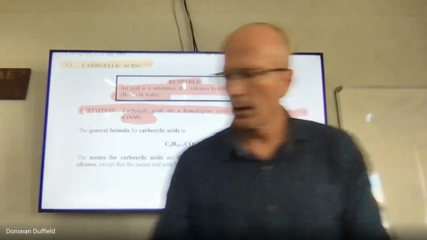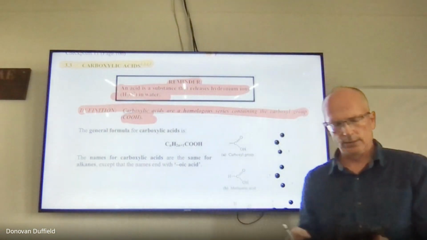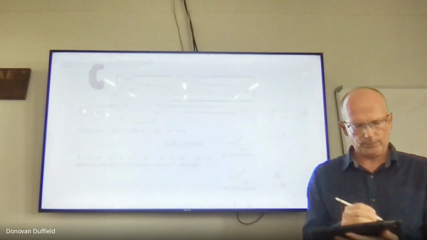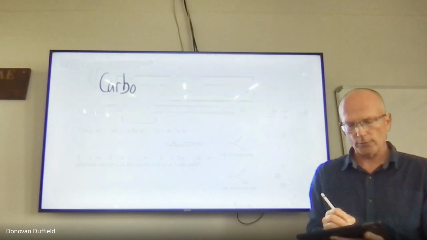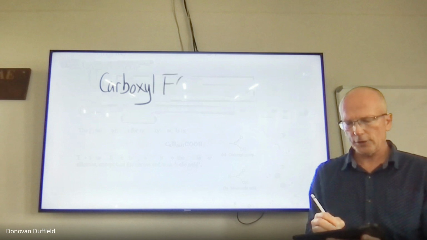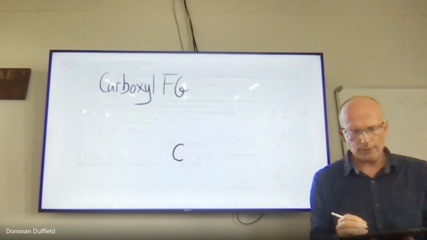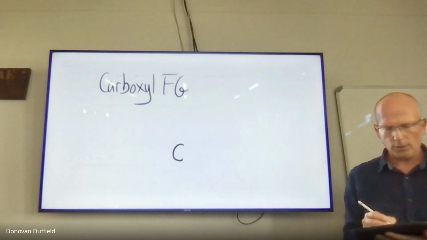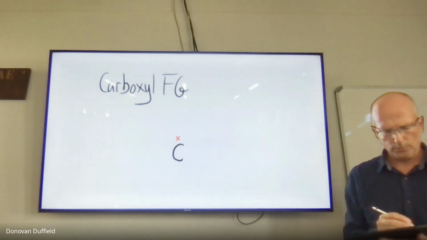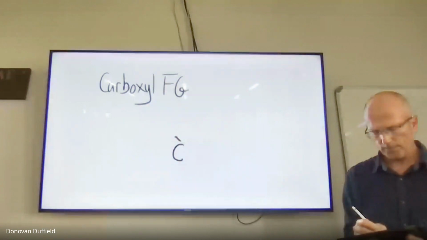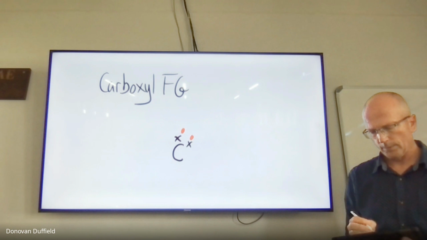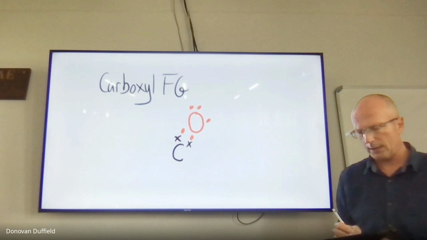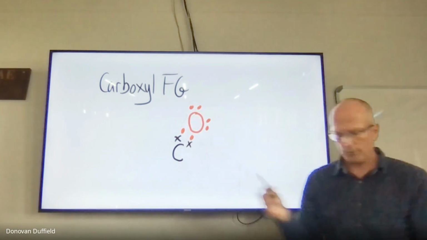So let's explicitly look at the carboxyl group. This is the functional group. You have a carbon, and this carbon has got 4 valence electrons, 2 of which are bonded to an oxygen. Remember, oxygens are in group 6, so they've got 6 valence electrons.